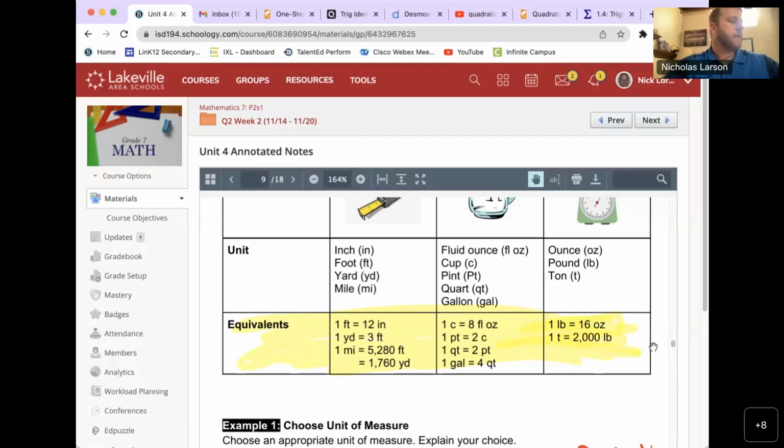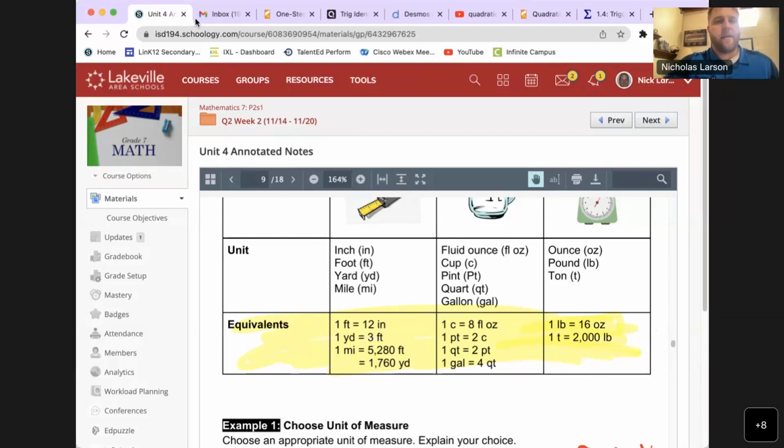All right, let's see here. The other thing that we talked about, and again, let me see if it will work this time. So that, again, you have this available to you. It's already shared on Schoology in your notes. So you can just click on that and access it anytime.